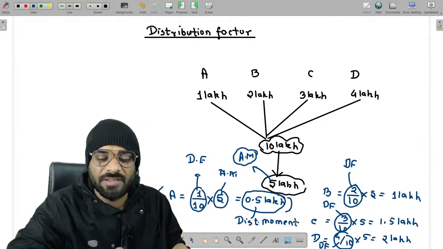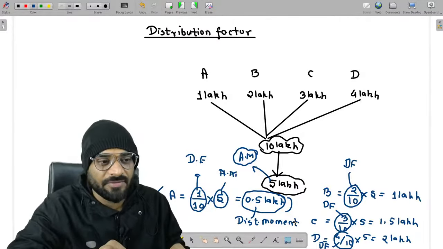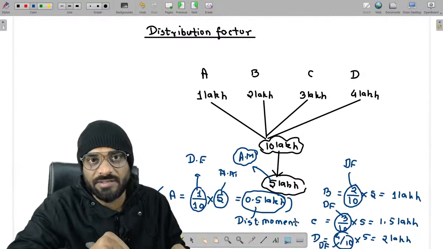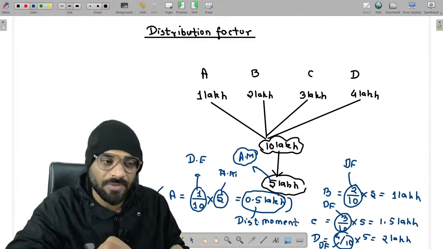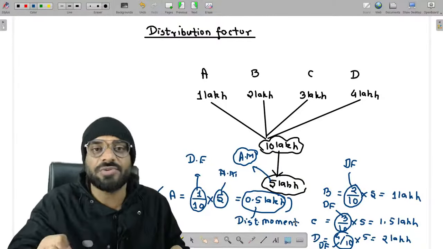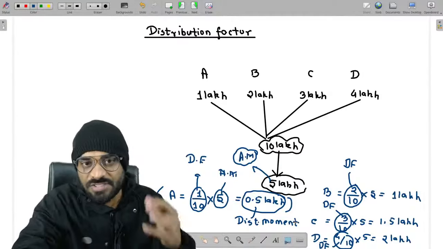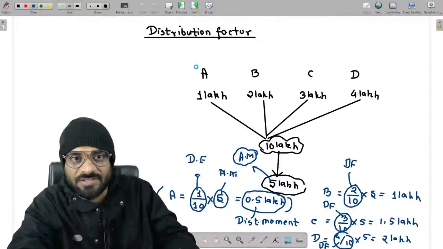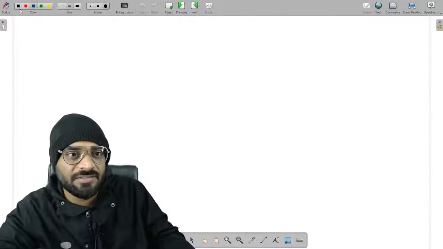So guys, in real life, the amount of investment is basically the strength. But in case of structure, stiffness is the actual strength. So what is our distribution factor in case of structure? Very easy.